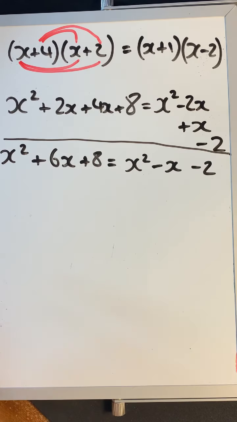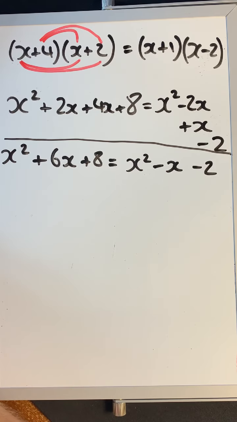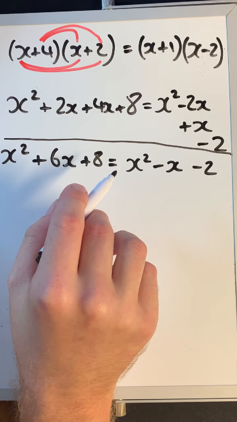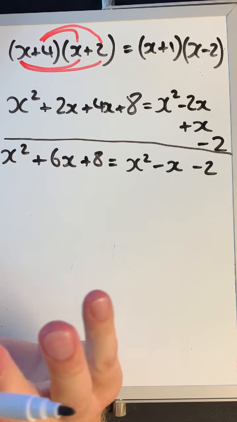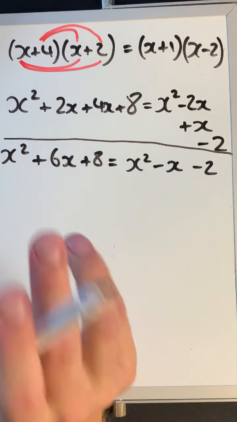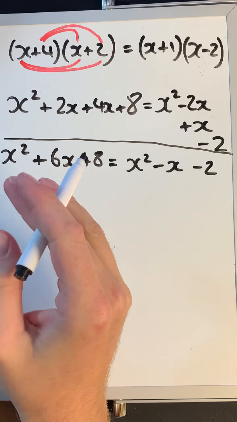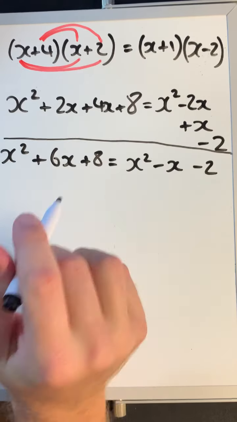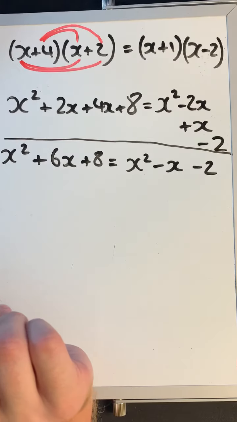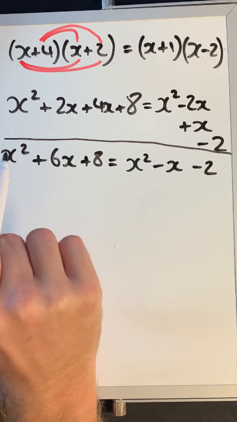Right, now to make this more straightforward again, can you see we've got an x squared on both sides here? Now whenever you've got the same term on both sides, we can cancel them off. And by the same term, I mean exactly the same, not the same but with a minus in front of it. They've got to have the same sign in front of it as well. So we can cancel them off.